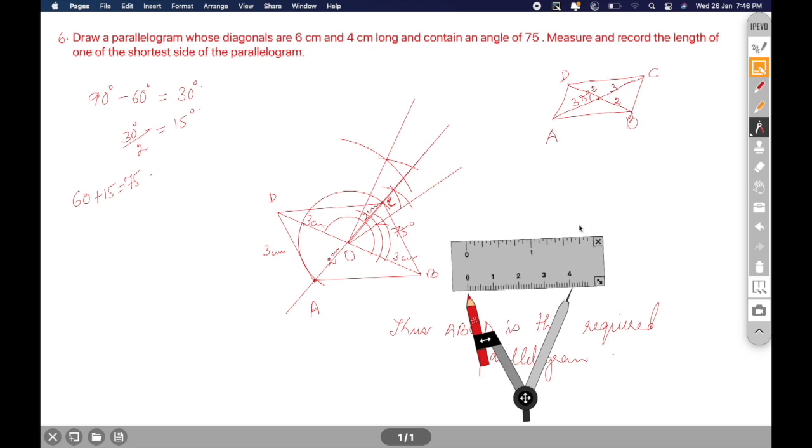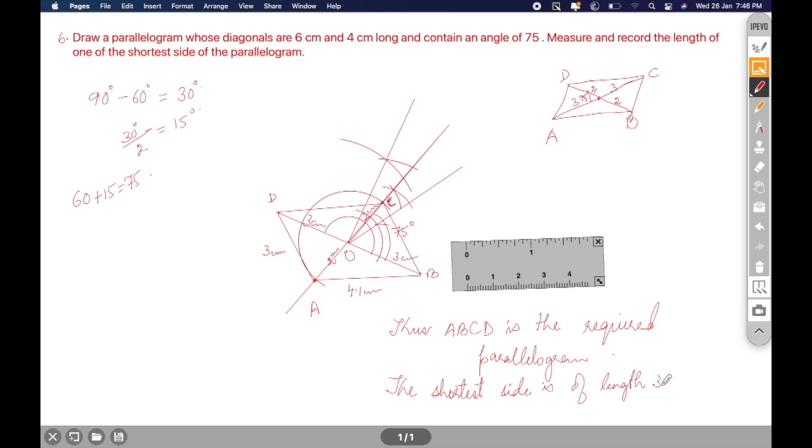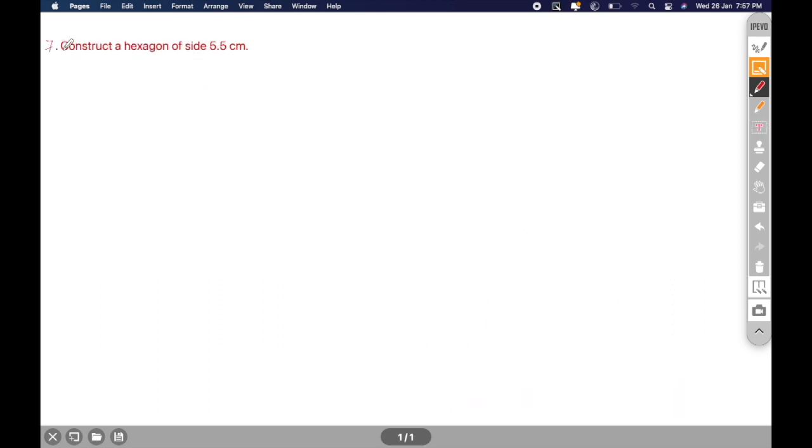It is 4.1 centimeter. So the shortest side is of length 3 centimeter. So the next question is construct a hexagon of side 5.5 centimeter.